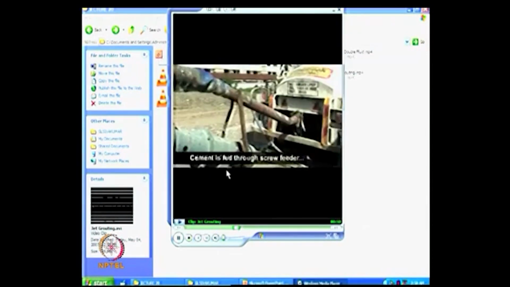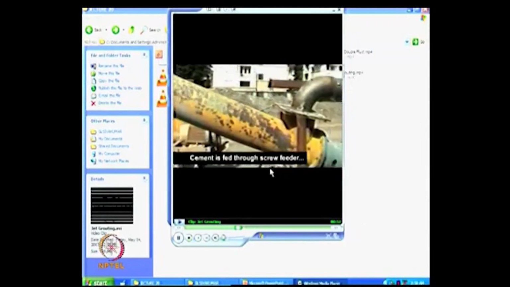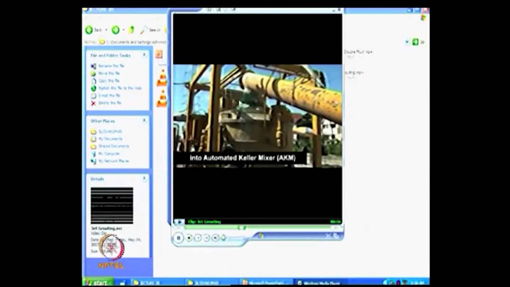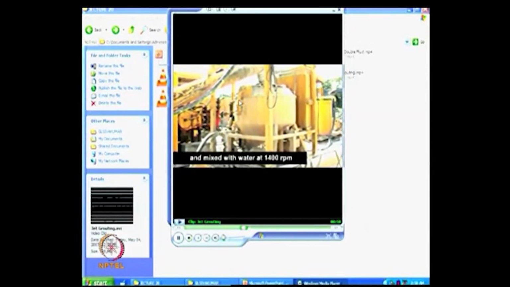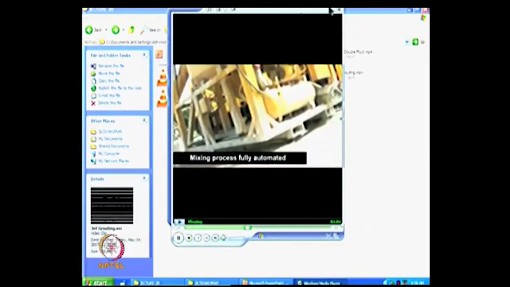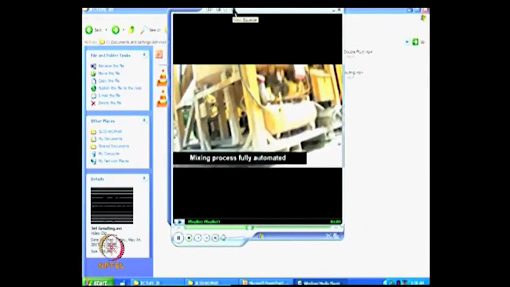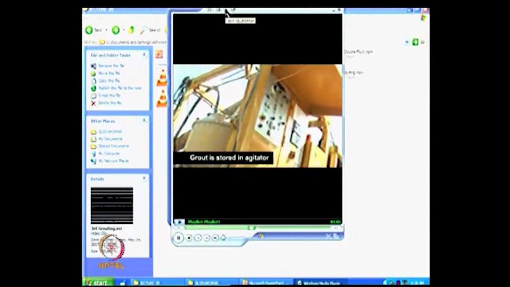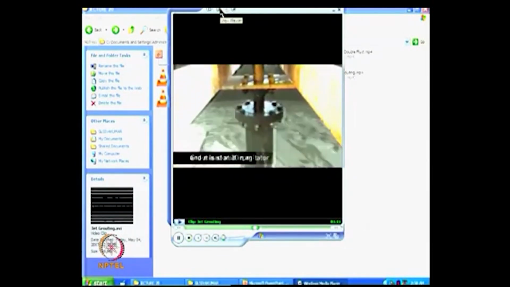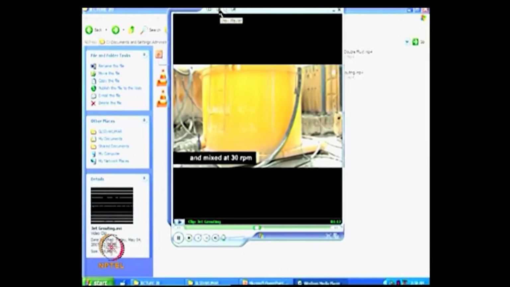You have a cement tanker, cement is fed to the screw feeder. You can see that it is all mixed at some 330 rpm.